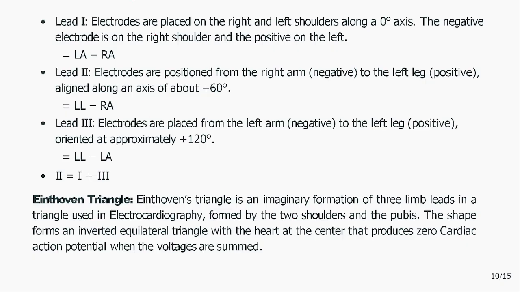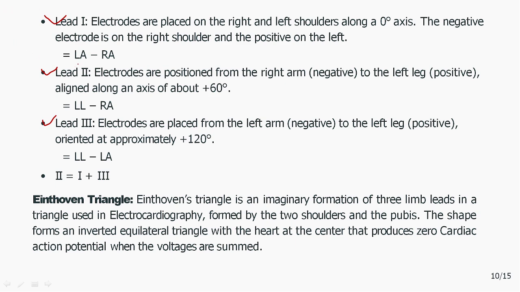Now, one by one we will see. Here these 3 leads, lead 1, lead 2 and lead 3, are actually your bipolar limb leads.